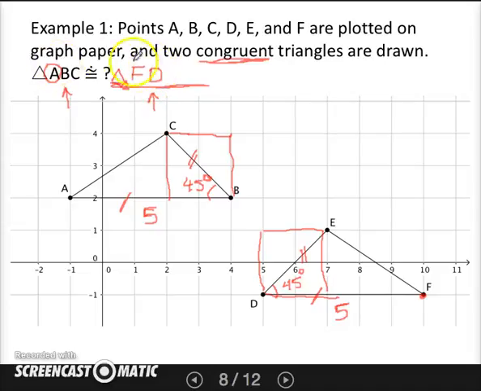So B and D are matching up. And then finally, the only vertex left is E. So as it turns out, triangle ABC, going counterclockwise, is congruent to triangle FDE, going clockwise in this triangle.